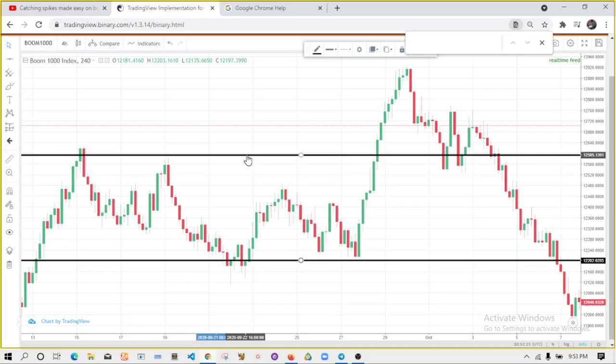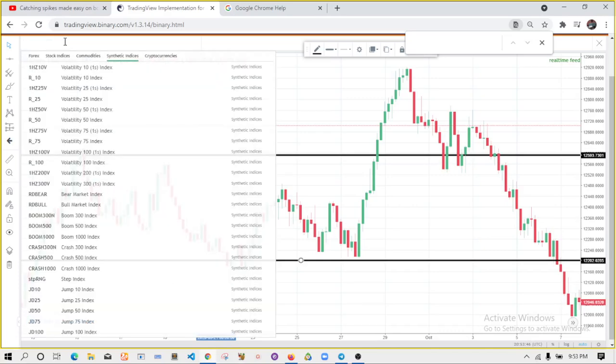So whatever you see here is still applicable in any trade, no matter whether it's Boom and Crash or volatility or any other commodity that you trade, even currency pairs. All these things are applicable there, so you don't need to start changing anything when you get to other markets. The process is the same.